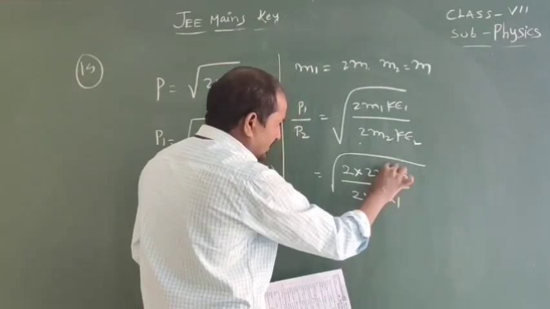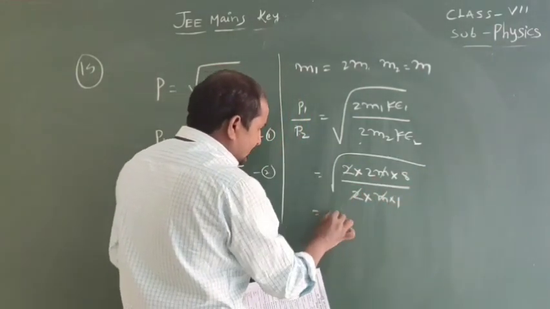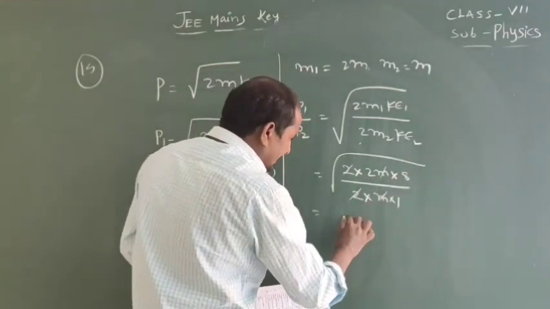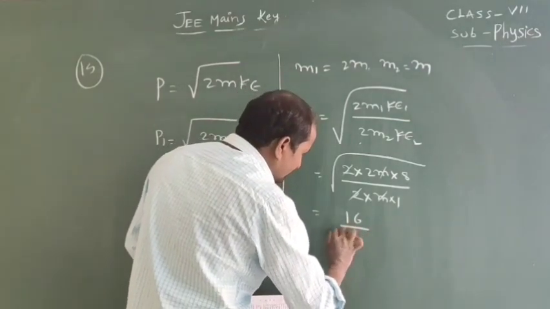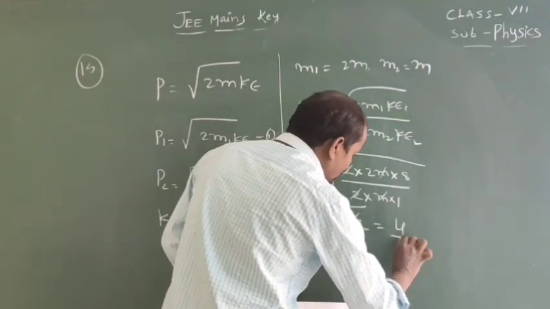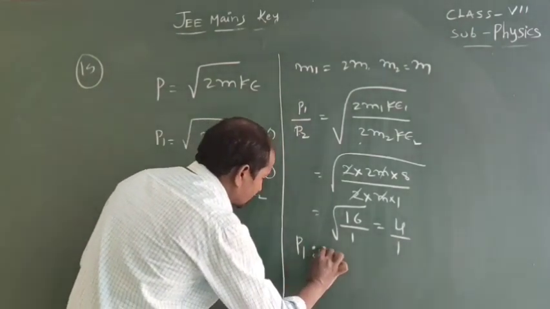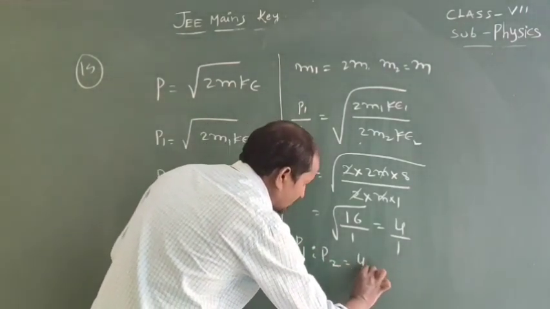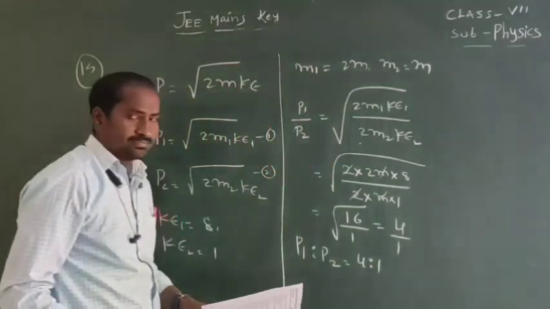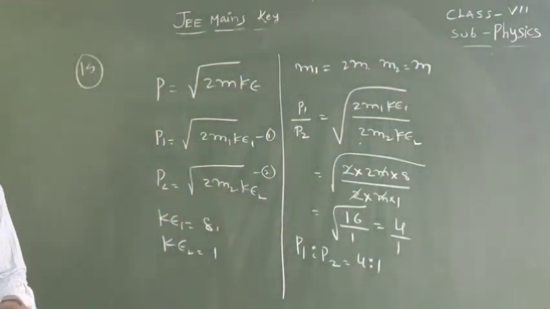Here m can get cancelled, 2 can get cancelled, that equals 2 into 8, that equals 16 by 1. So root 16 by 1 equal to 4 by 1. So P1 is to P2 equal to 4 is to 1.